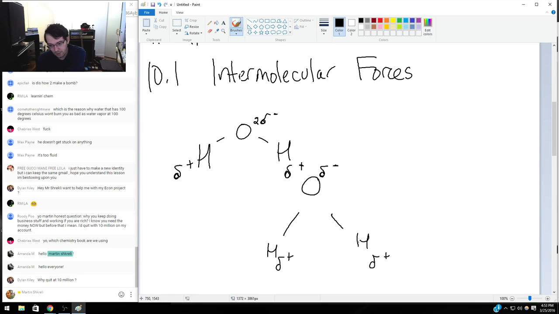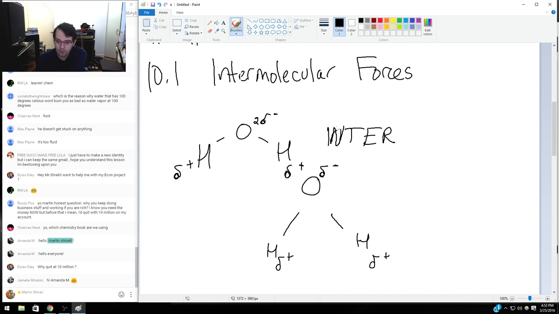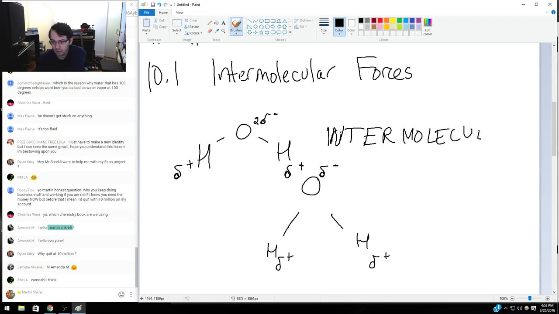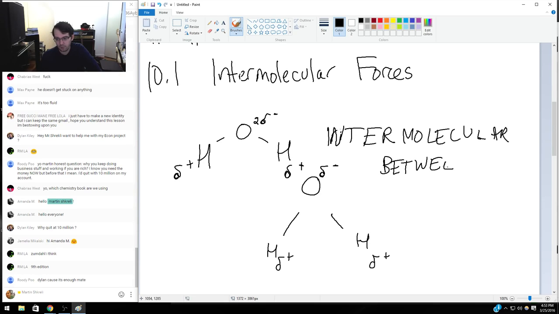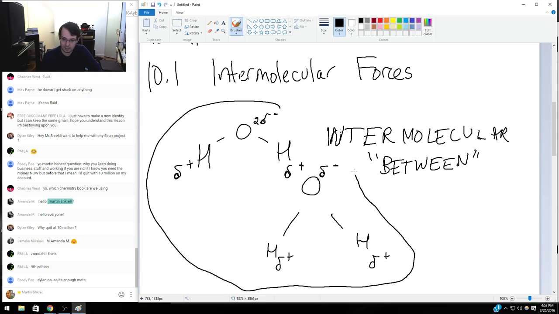And this is an intermolecular force. Intra means within, inter means between. The forces between molecules. And this is how these forces create different phases.